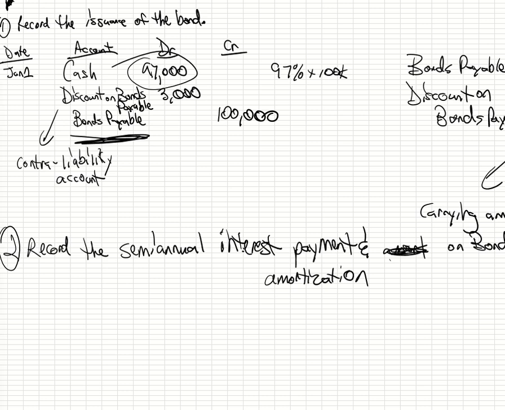So before we do that, we have to do some math. I know we have to do some math because we have to do some calculations on the interest, figure out what that's going to be. So before we even record an entry, that's what we have to do, figure out what the interest is going to be.